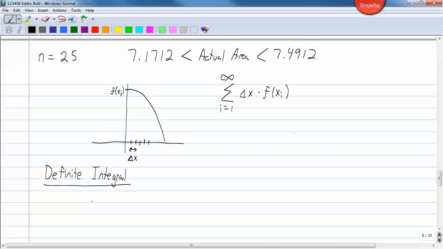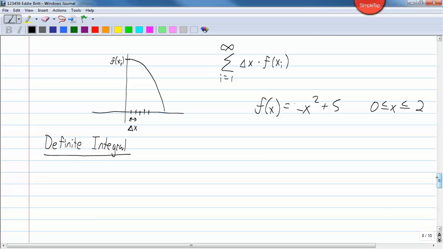And the way we would set this up, we have to have your function. It was negative x squared plus 5. And we knew that we wanted x between 0 and 2. So the way that you set that definite integral up to find the area under the curve, it's equal to the integral from 0 to 2.